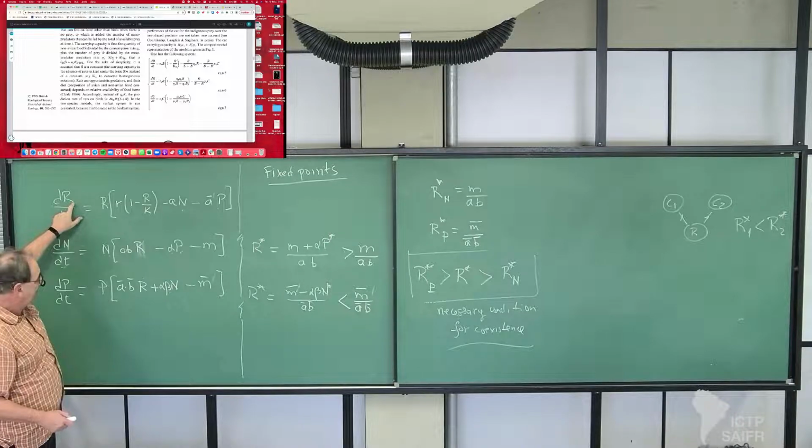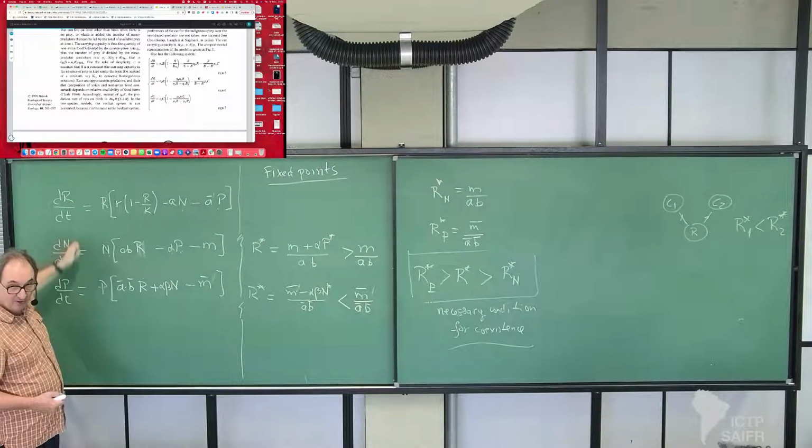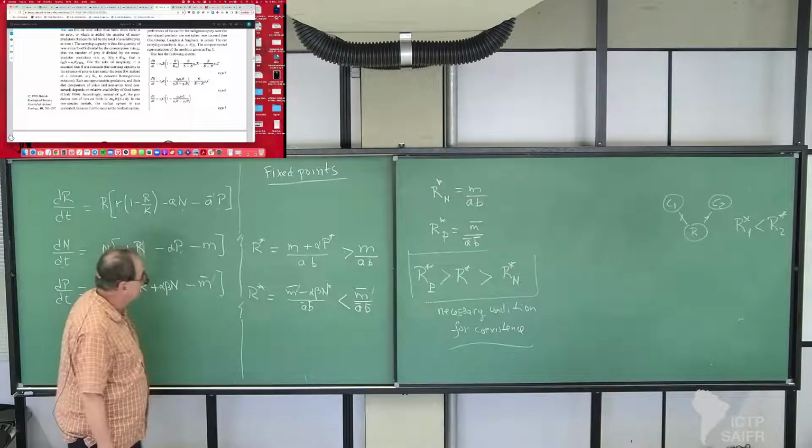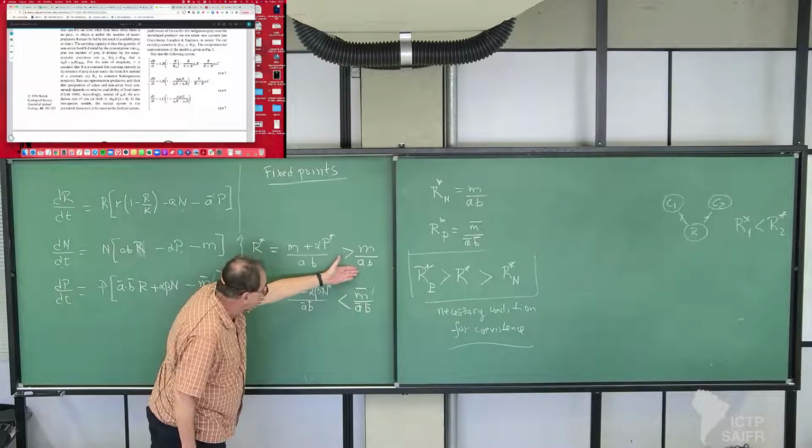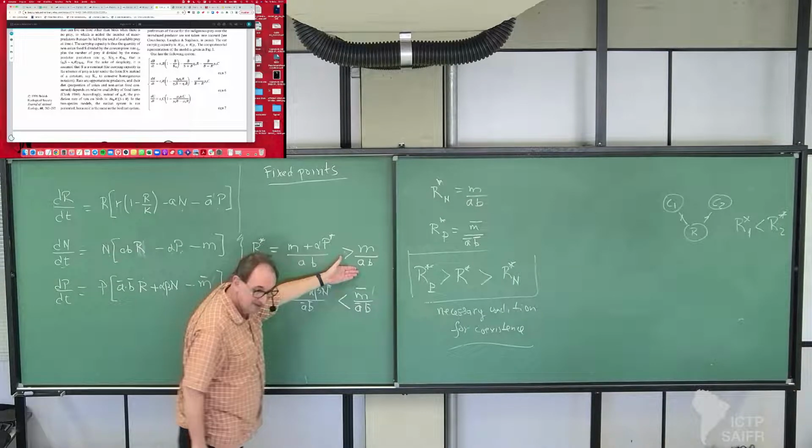This gives you an equilibrium value for the resource with only prey, which you can find by looking at this equation without this term, giving M over A over B. A shortcut is that P should be 0 by definition, because no predator is there. So this is the equilibrium resource level with only prey.